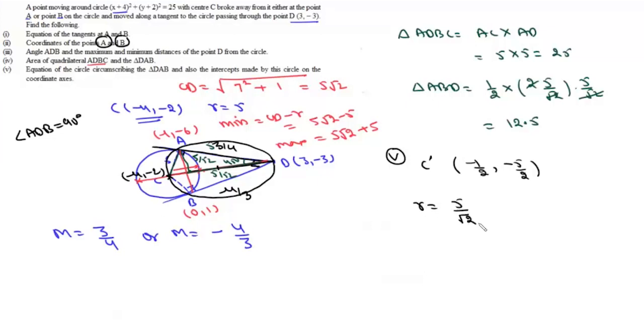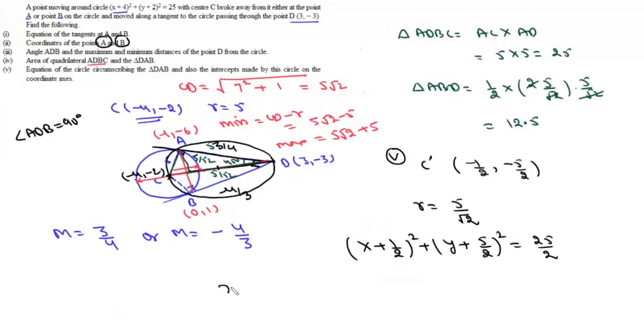5 by root 2. So equation of this circle will be x plus 1 by 2 square plus y plus 5 by 2 square, and that will be equal to 25 by 2.